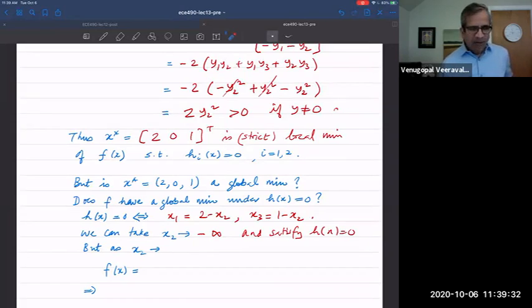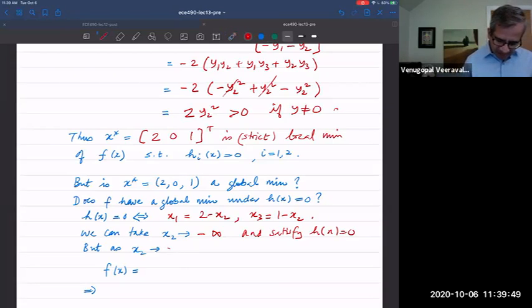Right? I mean, we already knew that because this is a hyperplane. That just defines a hyperplane. These constraints are hyperplanes. So what happens now as x2 goes to minus infinity? What happens to the function f?